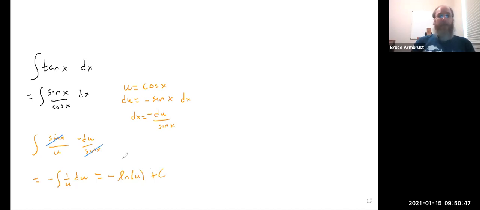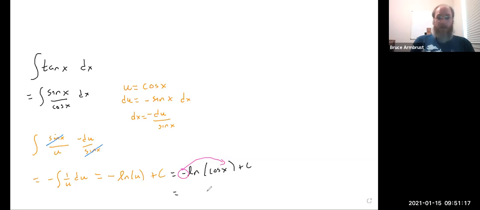But again, we need to replace. We need to get back to our x's. So let's convert that back. Let's put our u back in. So we get negative natural log of cosine of x plus c. But I'm going to do one more thing to simplify this a little bit. I'm going to take this -1 multiple and I'm going to bring it in as an exponent. That's the rule of logs.